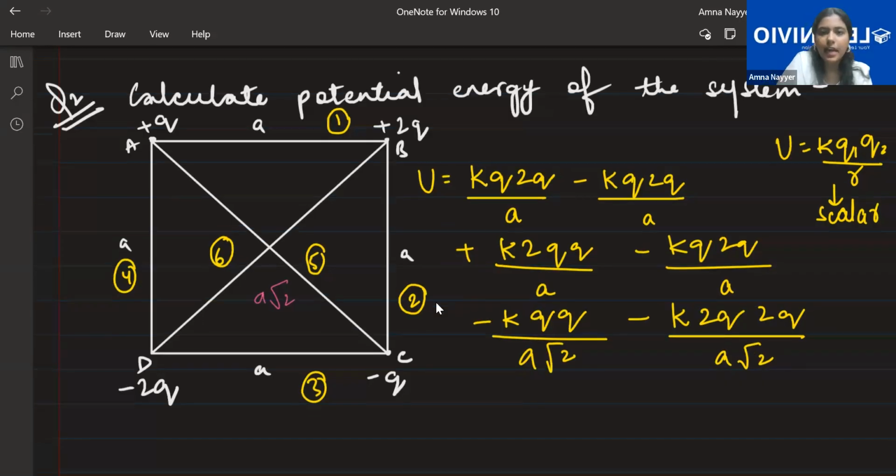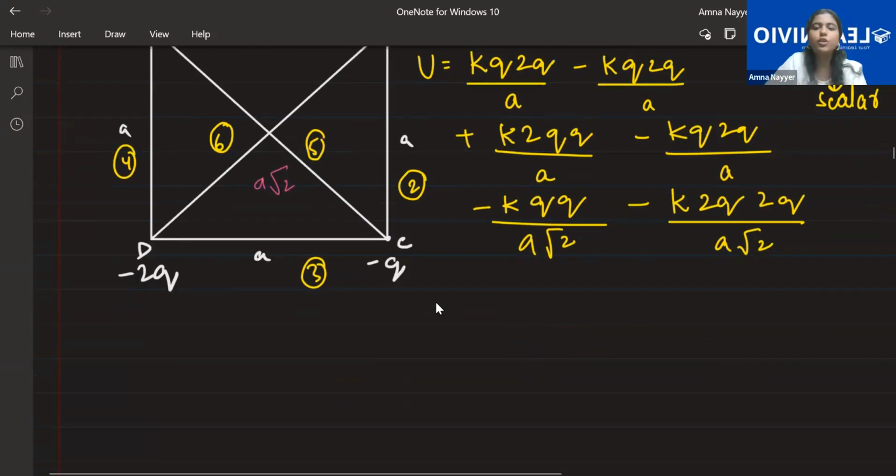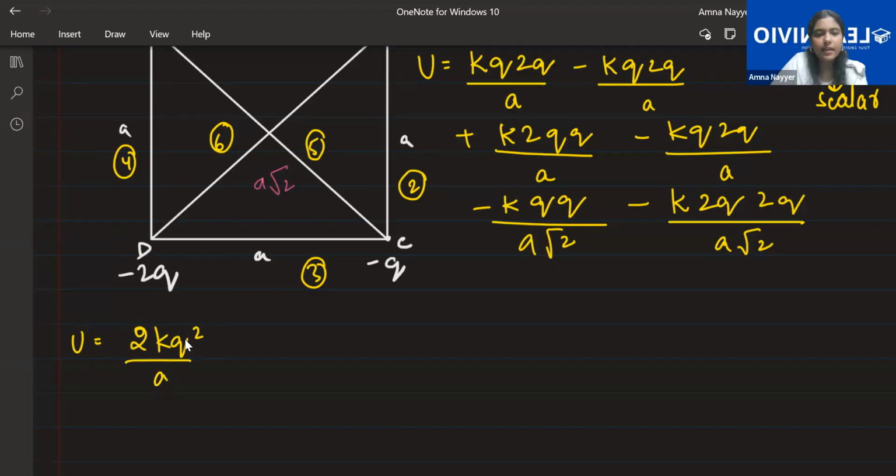Now, look, let me write it a little properly. Now comes the solving part. Your entire concept of potential energy and everything, whatever was there from your class 12, that is all. Now what do you require? You just require the concepts of mathematics. That's it. You should just know how to simplify an equation. So if I simplify, this will be 2kq square by a.